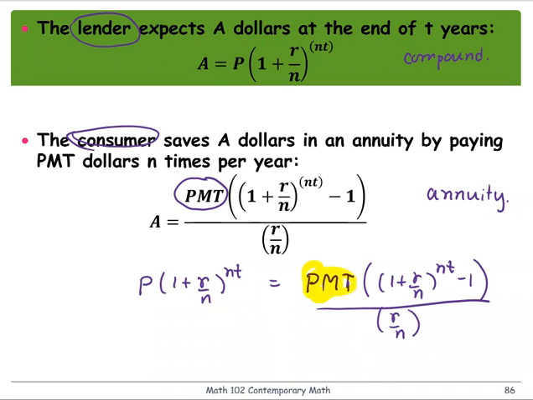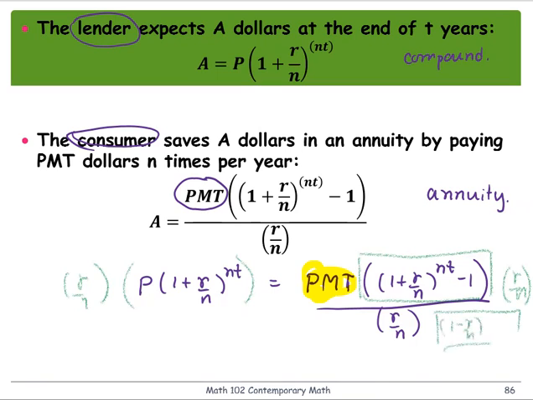Then we're going to multiply both sides by R over N, and then divide both sides by the quantity 1 plus R over N to the power NT minus 1, to get the PMT by itself.